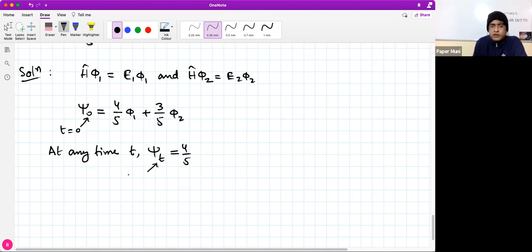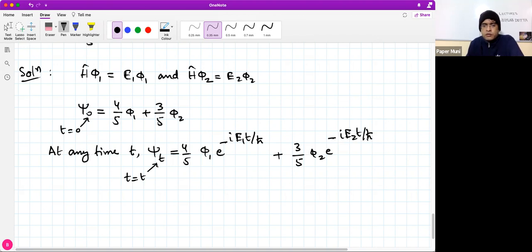So this will be 4 by 5 phi 1 e to the power minus iota E1 t by h cross, plus 3 by 5 phi 2 e to the power minus iota E2 t by h cross.